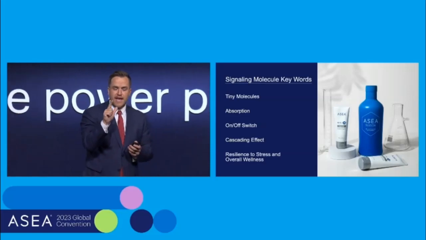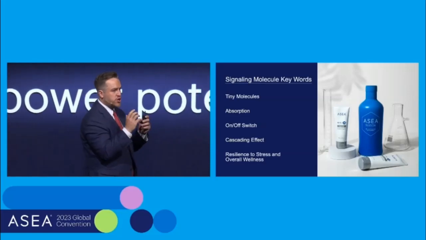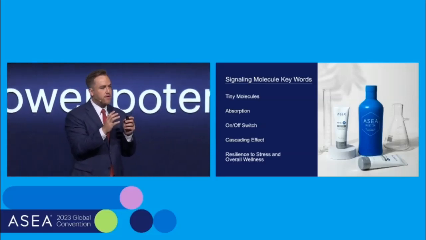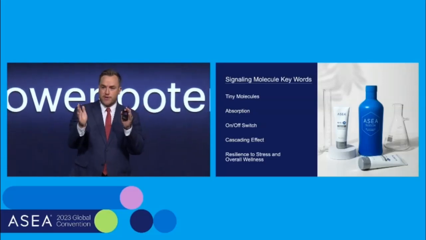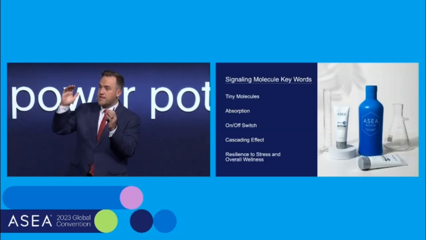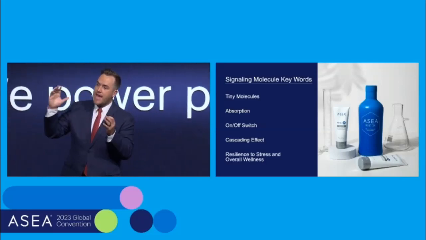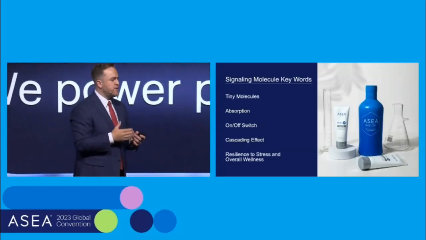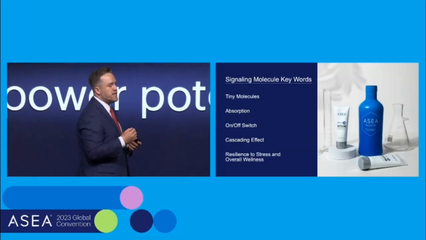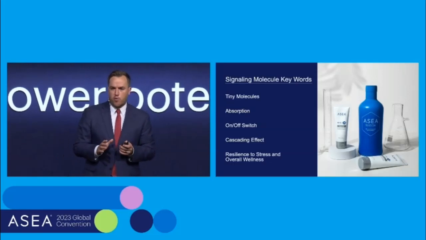Once they're absorbed, they act as an on-off switch, turning on signaling within the cell. Once that cell is on, it signals to the cells around it. Those cells signal to the cells around them, beginning a cascade or domino effect. And it's this cascade or domino effect that contributes to our resilience to stress and overall wellness.